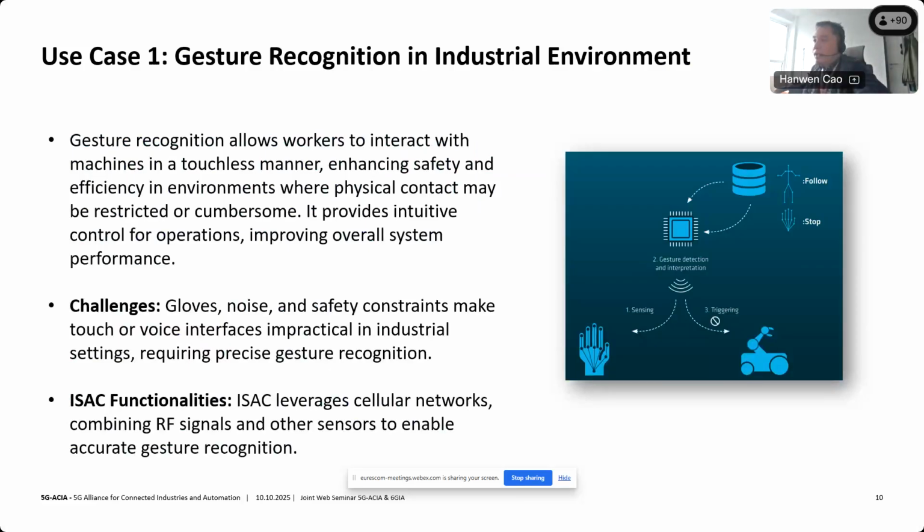This makes the conventional human-machine interfaces, for example touch panels and voice interfaces, not very useful. Using ISAC to sense human gestures can help the human workers precisely convey their intentions to control the machinery using their body movements.